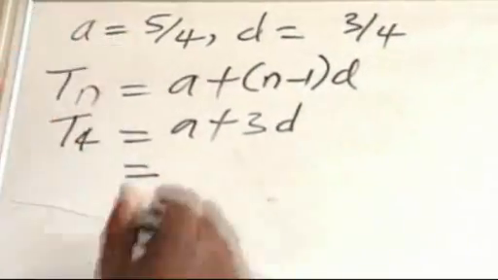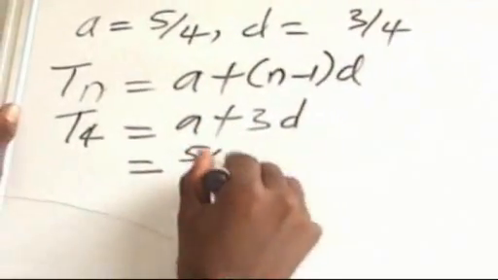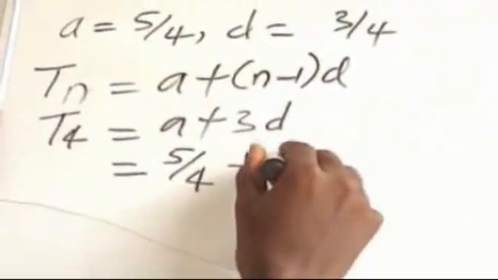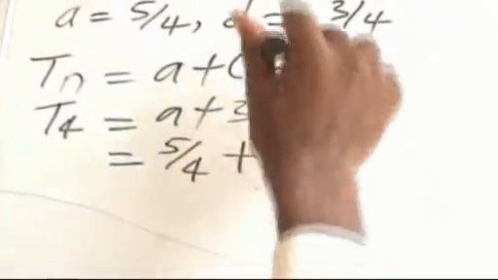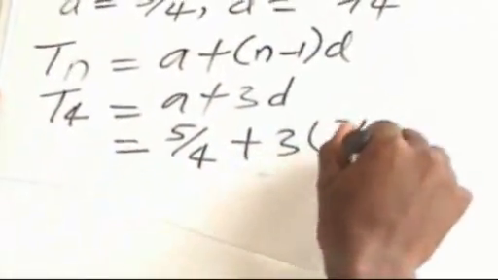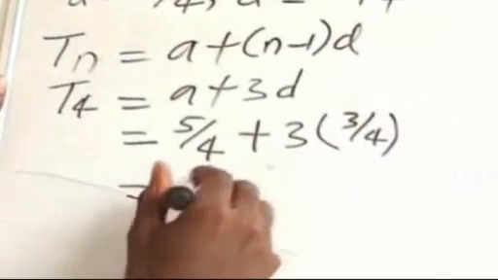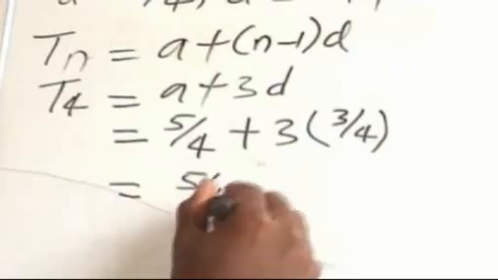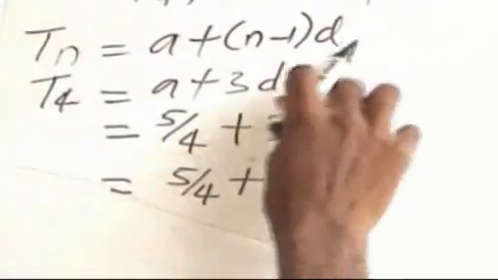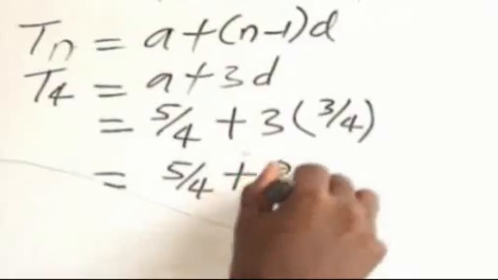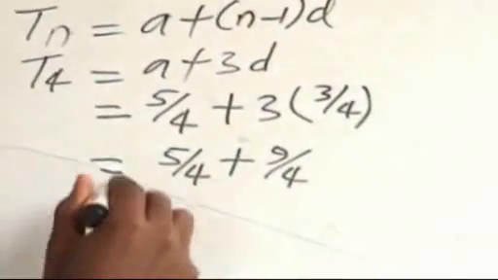This is equal to our A, which is 5 all over 4, plus 3 into our d, which is 3 all over 4. This will give us 5 divided by 4 plus 3 times 3, which will give us 9 divided by 4 here.